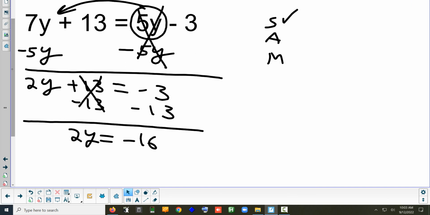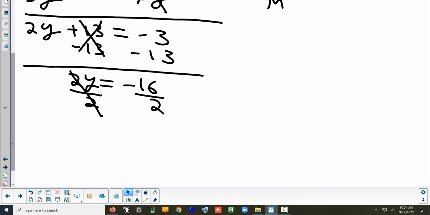All right. I don't see any more adding or subtracting. We're done with that step. Now we're at multiply and divide. So what's my last step to get rid of that 2? Yes, Michael? Divide 2 from both sides. Good. We're going to divide 2 on both sides.